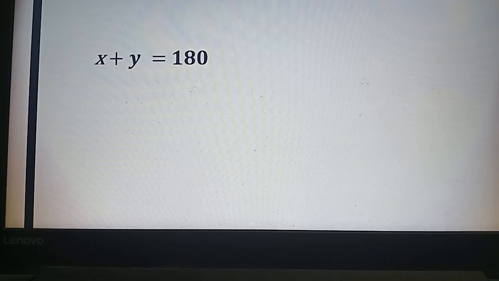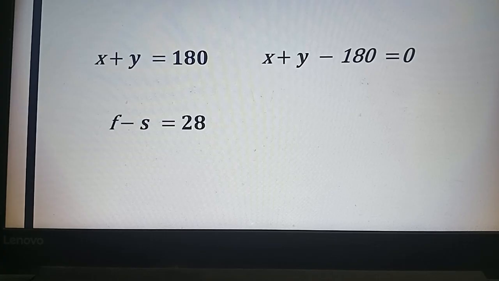You get the equation x plus y is equal to 180. I can write the same example we have taken previously as x plus y minus 180 equal to 0. So this can be represented in this form. Similarly, f minus s is equal to 28. I can write the same in the form f minus s minus 28 is equal to 0.